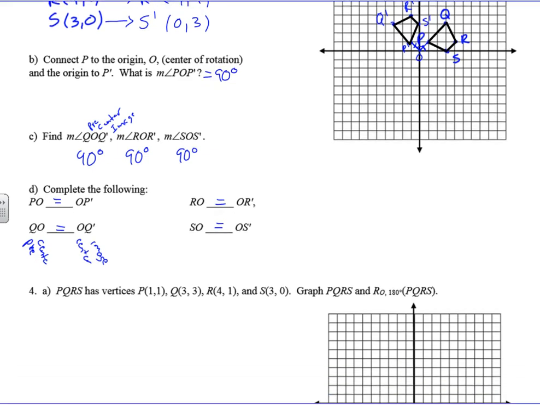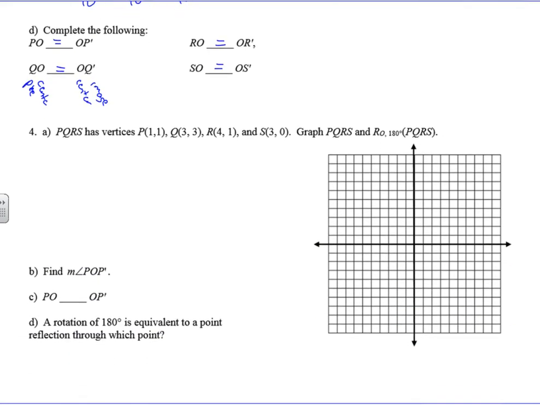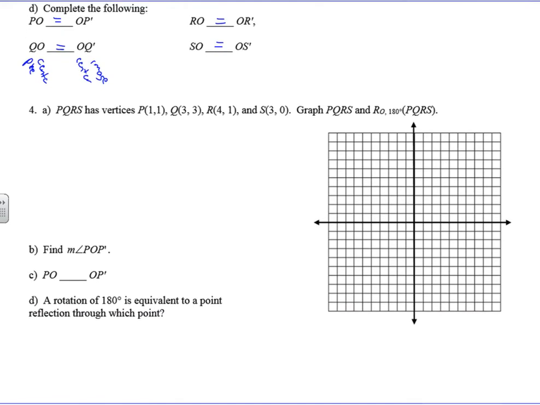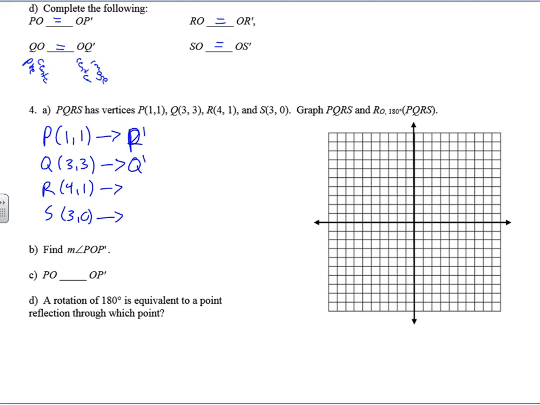All right, so let's go ahead and do another one. Same starting points. So R is 4, 1 and S is 3, 0. Except this time we're going to do a rotation of 180 degrees. So P prime, Q prime, R prime, S prime.